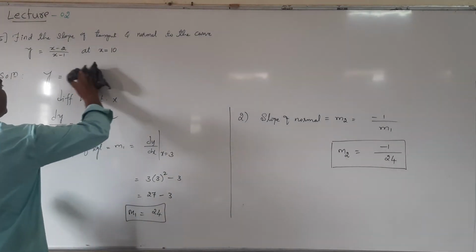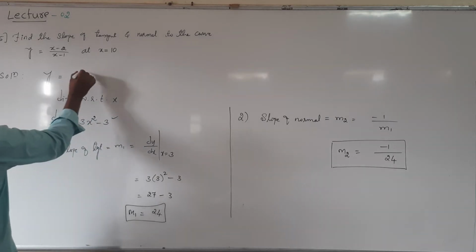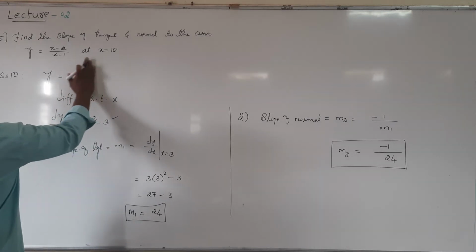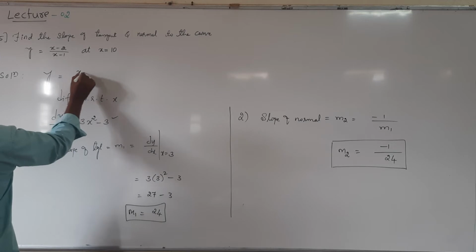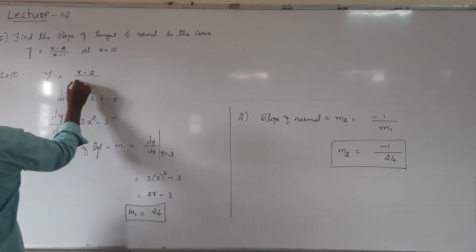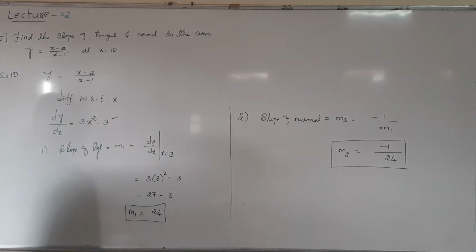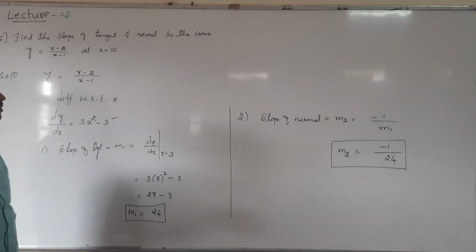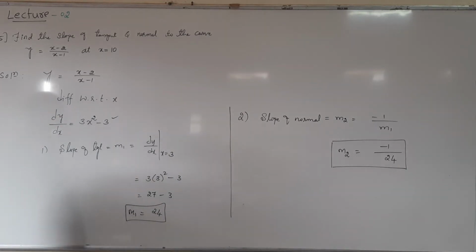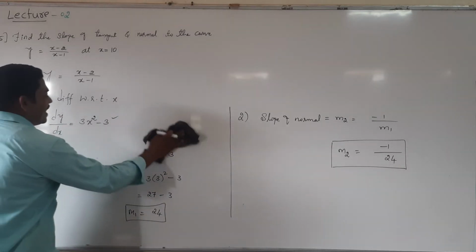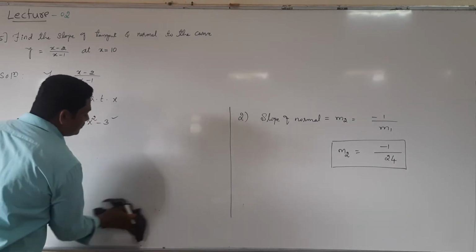In the first step, just differentiate with respect to x, that is x minus 2 divided by x minus 1. Already you know how to differentiate this function. Just find dy by dx.